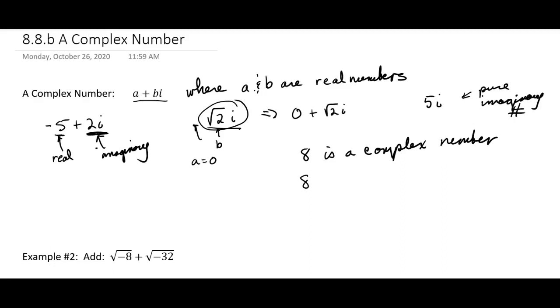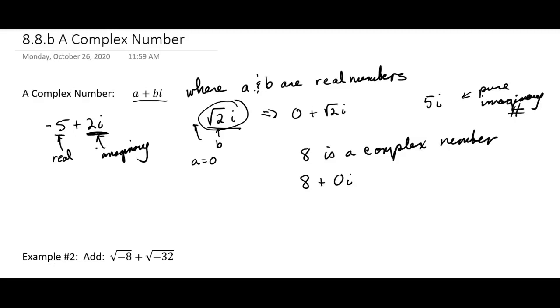You could write 8 plus 0i if you wanted to see it in the a plus bi form where we have the a and the b listed. Normally we just write 8, right? But remember, it is a complex number. It's part of that set of numbers, okay? So when we work with these, you're going to say, hey, it's not a complex number because it doesn't have an i. But remember, all real numbers are also complex numbers, okay?